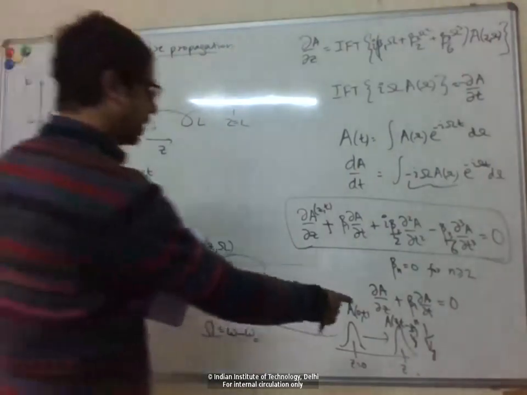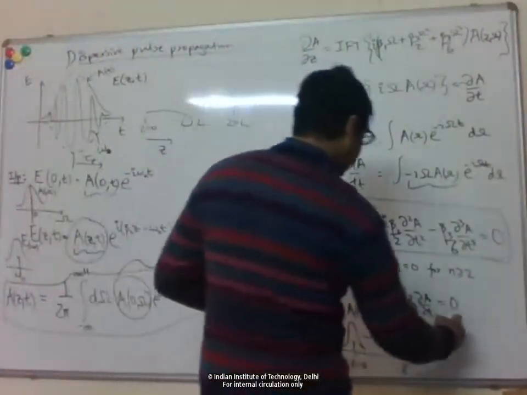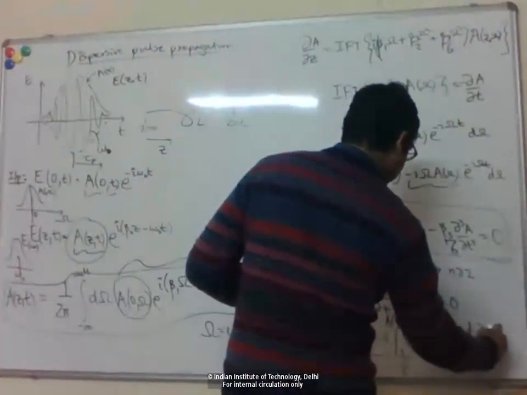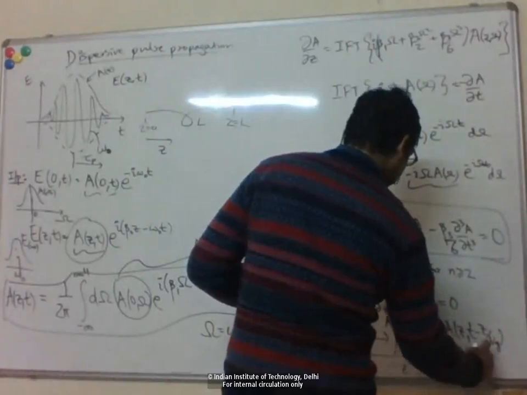Okay, so basically you can check this equation will satisfy this. So A of z comma t minus z over Vg is equal to A of 0 comma t.